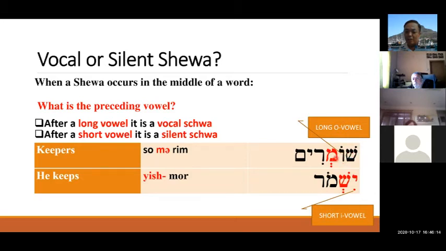Shin, cholem vav, and mem with a schwa here becomes som. But if you have a short vowel here, then it's easier for you to close this syllable with the schwa here. That becomes a silent schwa. So it is yish, yish.